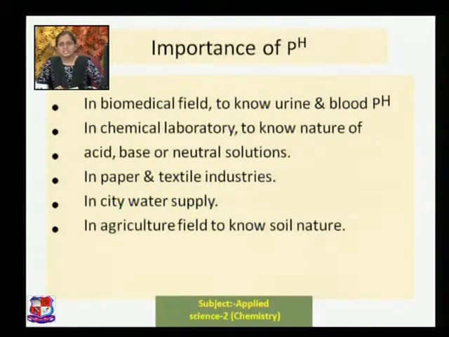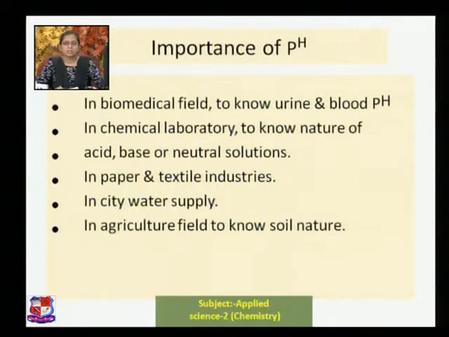Now why is this pH very important? See, in the biomedical field, urine and blood pH determination is very important. Then in a chemical laboratory, we can find out whether the given solution is acid, base or neutral by knowing the pH. In paper and textile industries also pH plays a very important role in controlling the products.